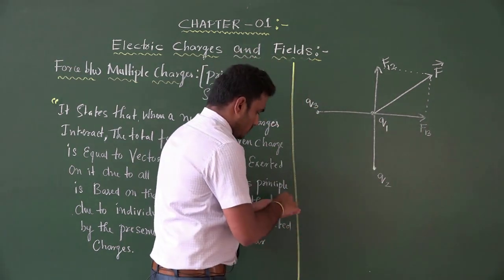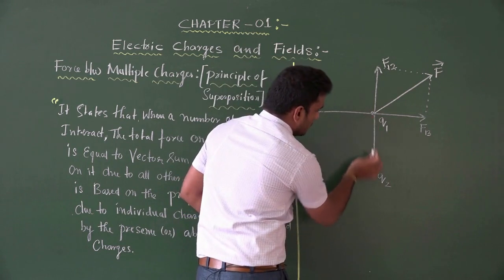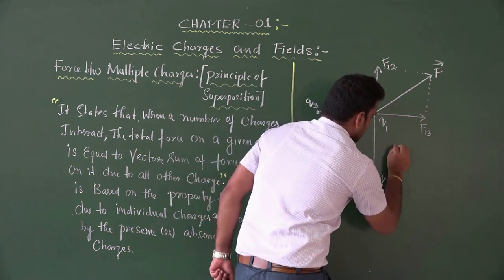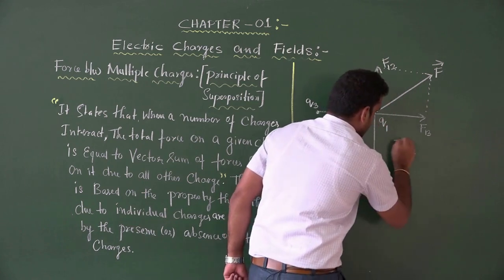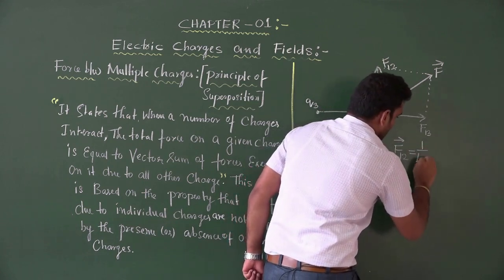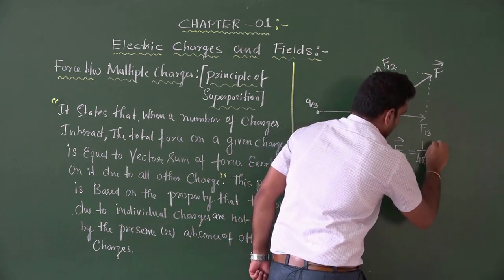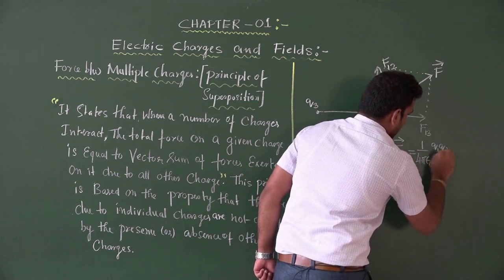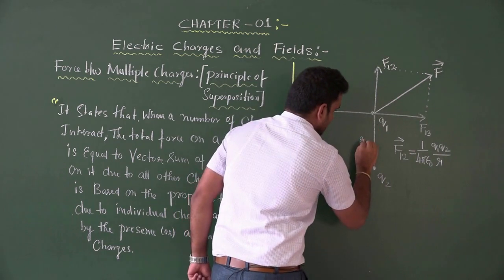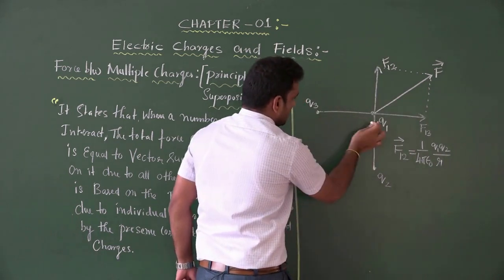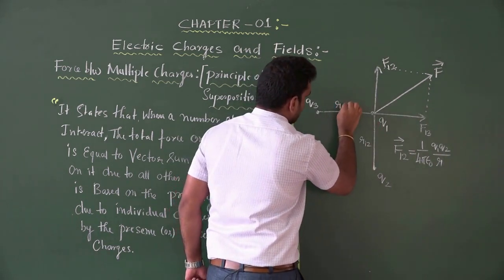Now, according to Coulomb's law, the force between Q1 and Q2 can be written in vector form as F12 equals 1 over 4 pi epsilon naught Q1 Q2 divided by R12 squared, where the distance between Q1 and Q2 is taken as R12 and the distance between Q1 and Q3 is taken as R13.